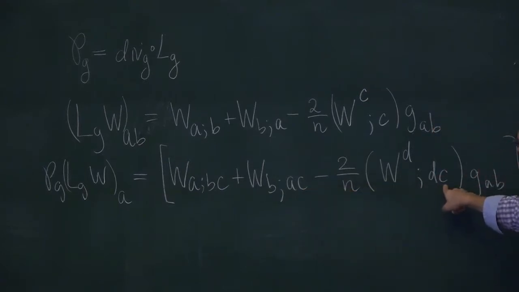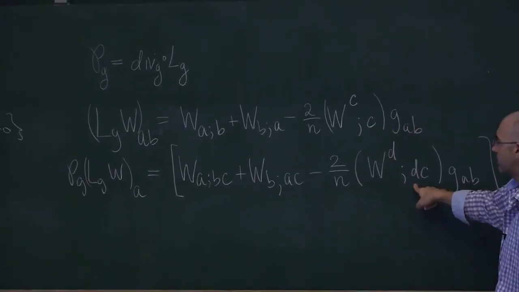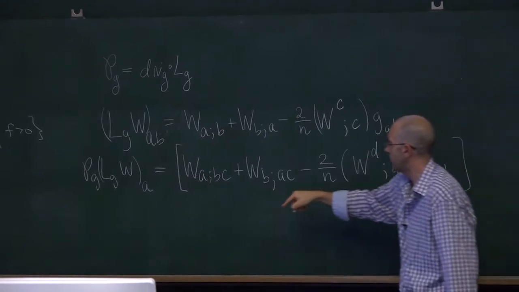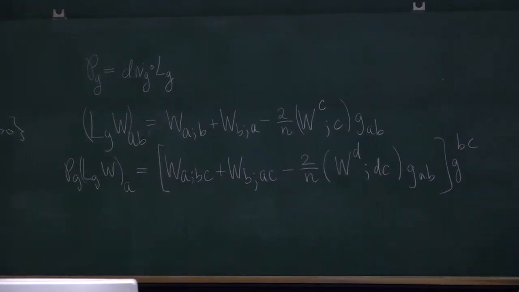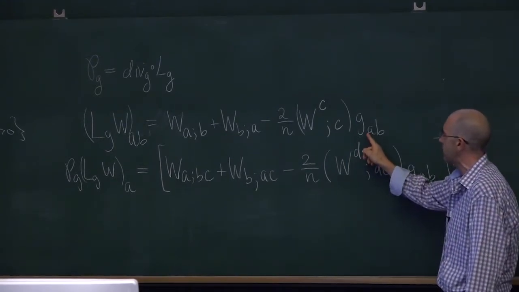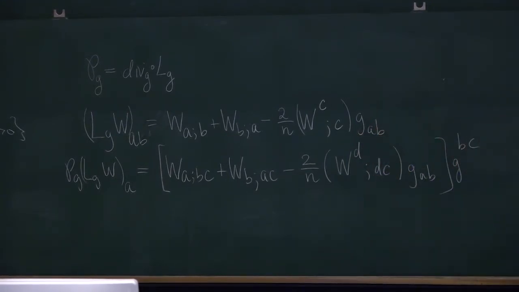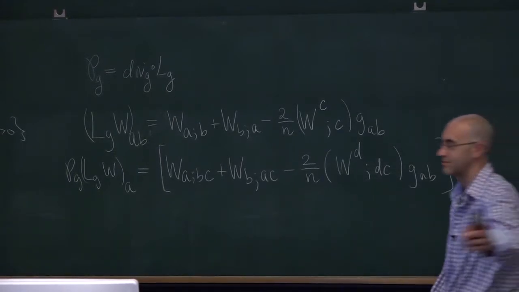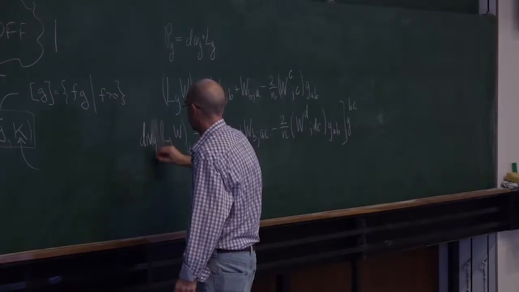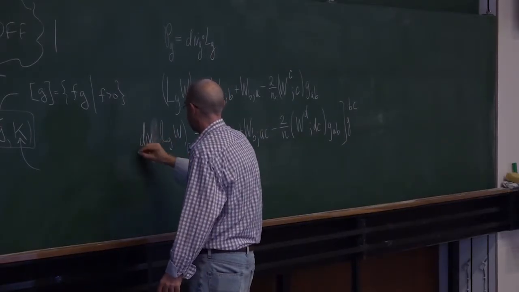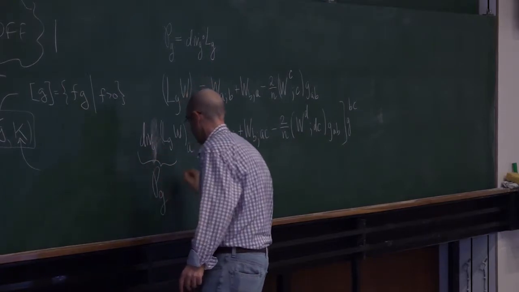That's the C derivative. I changed that to a D. And then we have to trace on B and C. Okay, so when you take a divergence, there's no covariant derivative on the G. That's 0. Good. Okay.